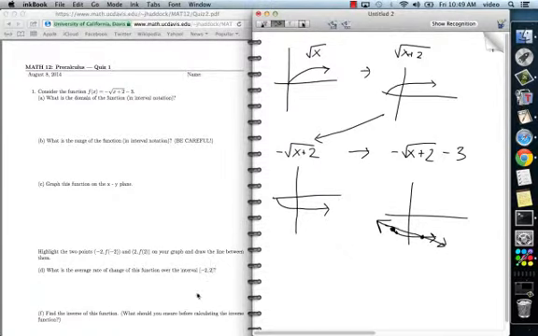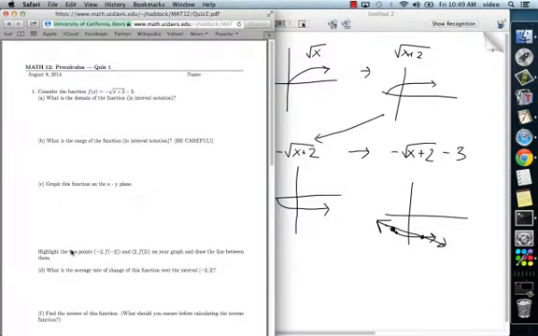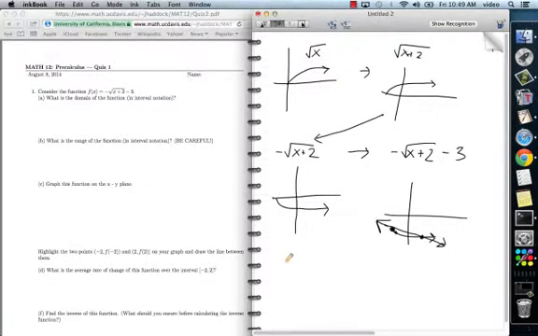So we are looking at the slope of the line, which is the difference in the y values over the difference in the x values.